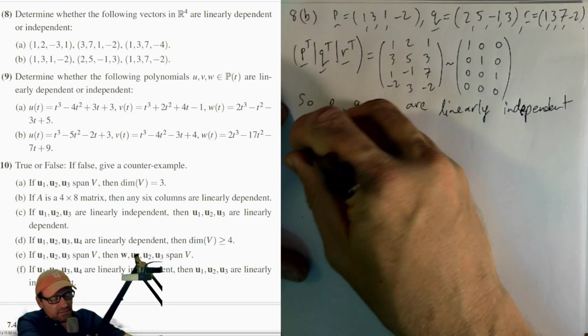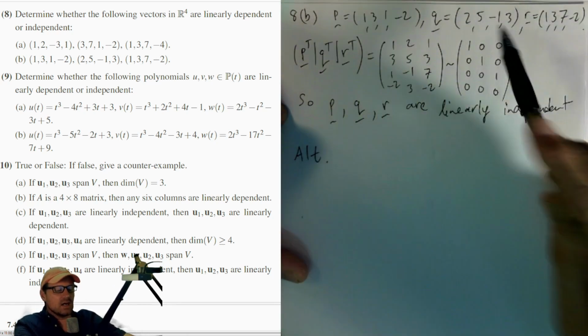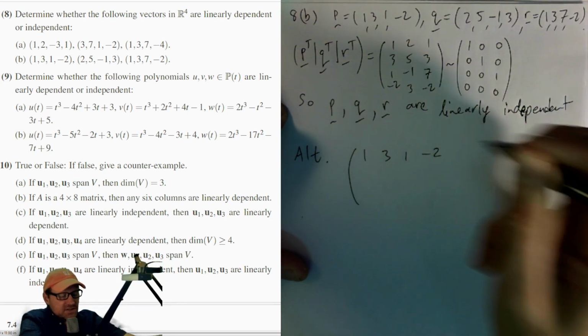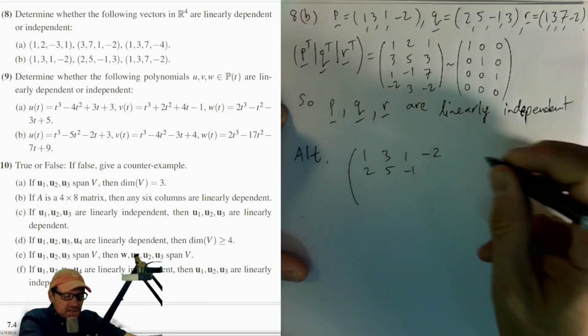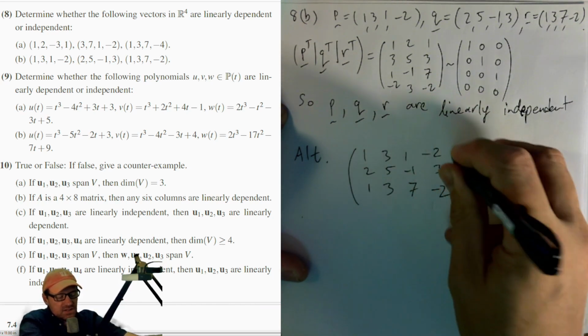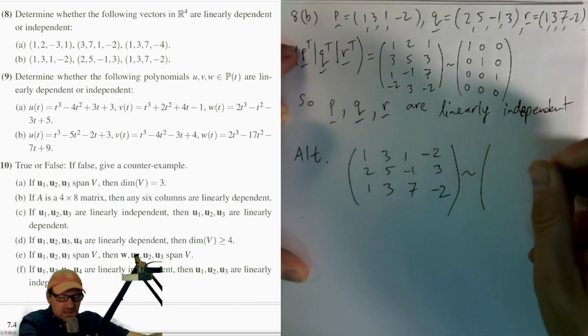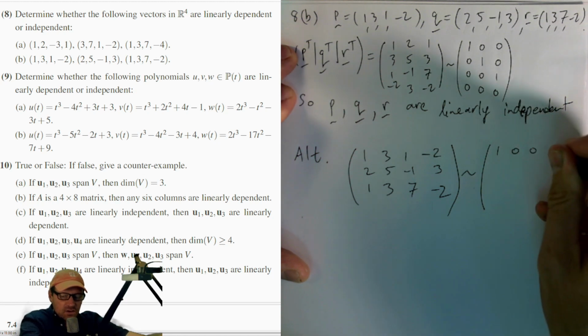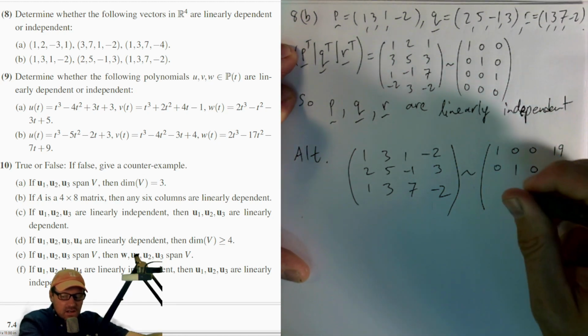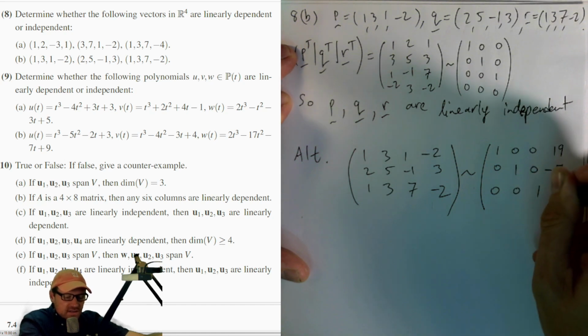Okay, so alternatively, if you were to take these and place them as rows of a matrix, 1, 3, 1, minus 2, 2, 5, minus 1, 3, 1, 3, 7, minus 2, and row reduce this, we would get 1, 0, 0, 19, 0, 1, 0, minus 7, 0, 0, 1, 0.